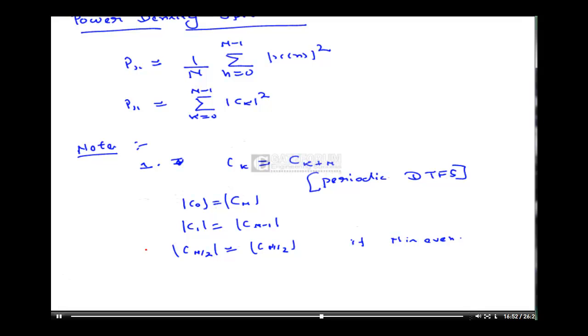Otherwise, if N is odd, then definitely C of N minus 1 by 2 is equal to C of N plus 1 by 2.